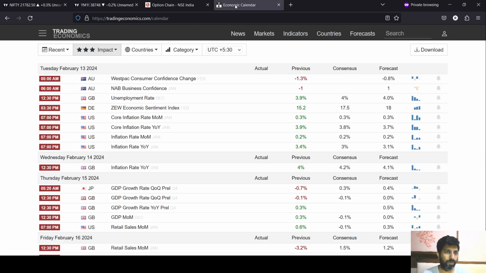Now, there's one more thing I wanted to highlight. This is the tradingeconomics.com calendar, where we can take a look at the different economic events that are about to unfold in this particular week.